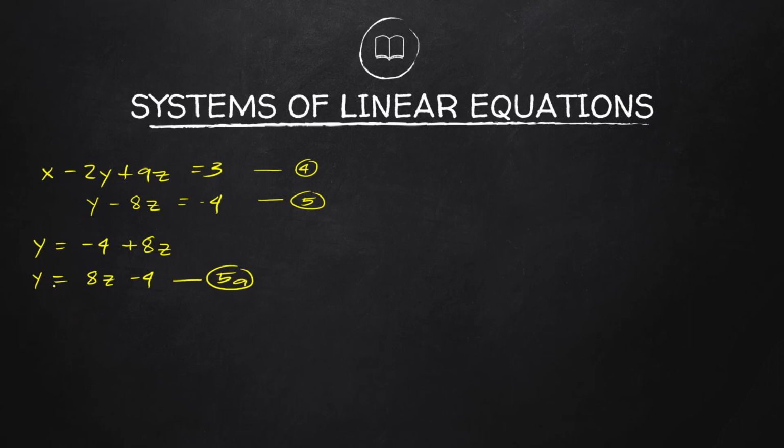And then, if I will substitute 5a in 4, that will become x minus 2y, but y is 8z minus 4.